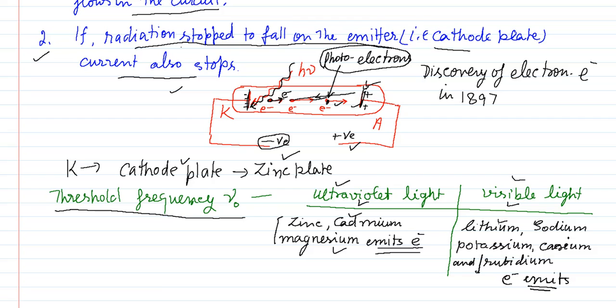This process shows that a specific frequency is required to eject the electron from the surface. That value of the frequency is known as the threshold frequency. As you know, energy is quantized and defined in terms of the photon, equal to h nu, where h is Planck's constant.